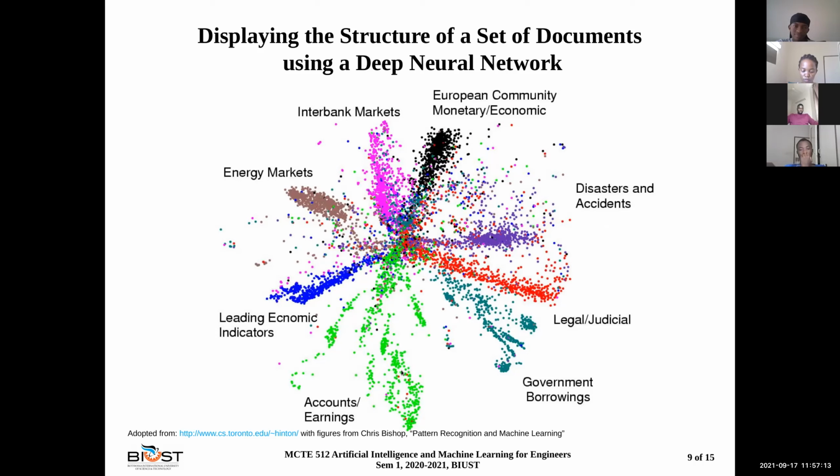Okay, and probably not very much related to the interbank markets or the European community monetary, like that. Yeah, so this particular display will give you some information and will help you interpret the data that is given.